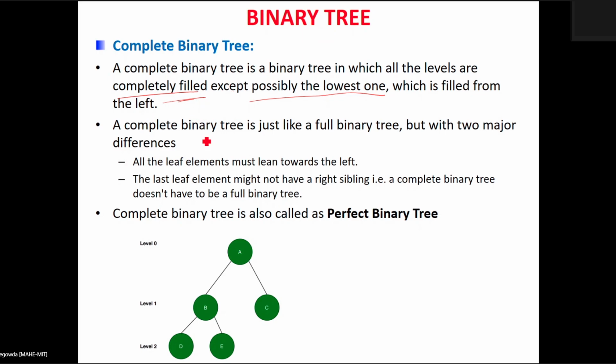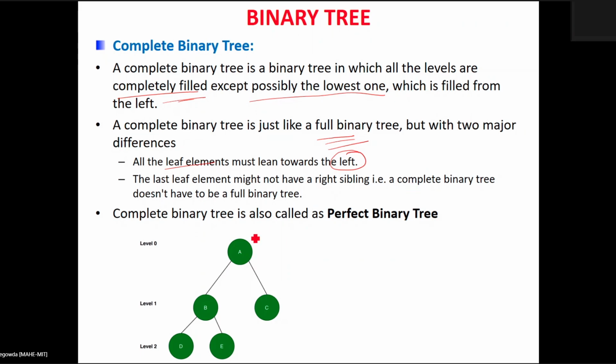A complete binary tree is similar to the full binary tree with two major differences. One is that all the leaf elements must lean towards the left, in the sense that if any given node has only one child, that child should be the left child of that node. Then the last leaf element might not have a right sibling.